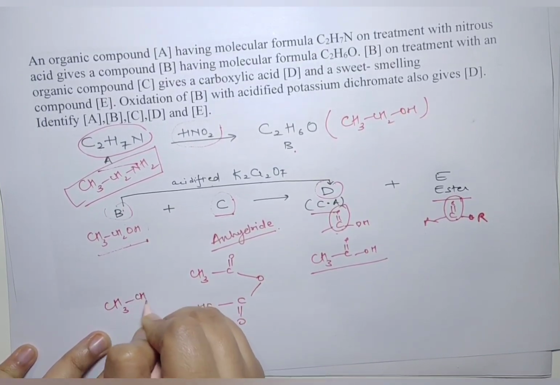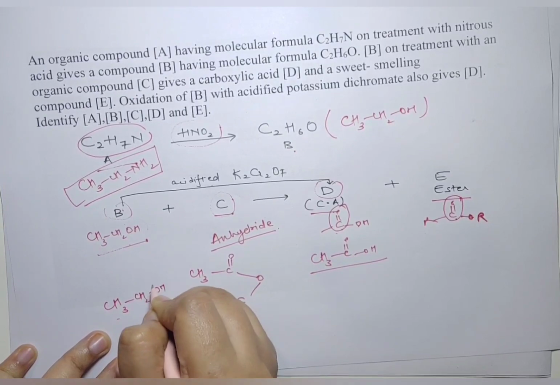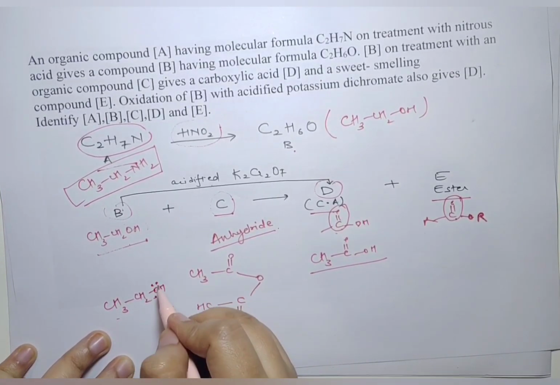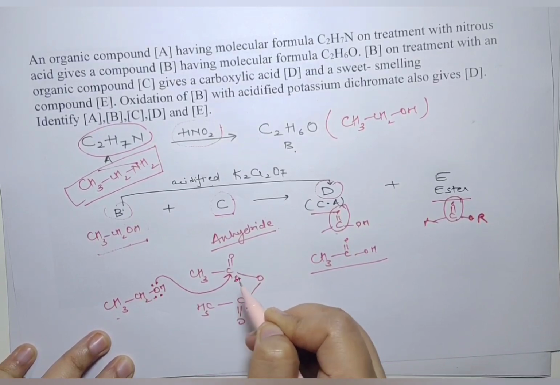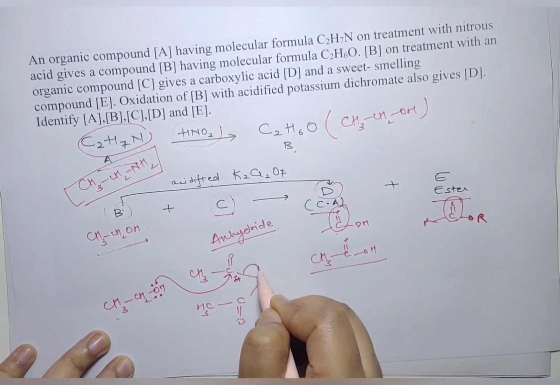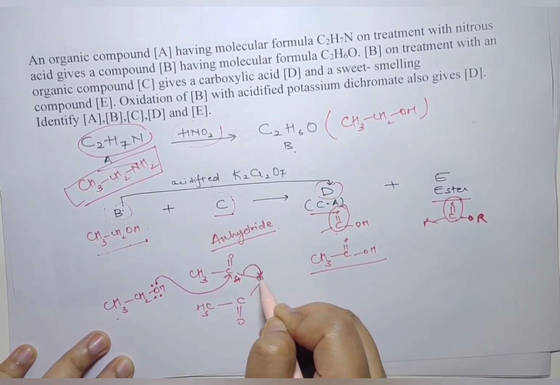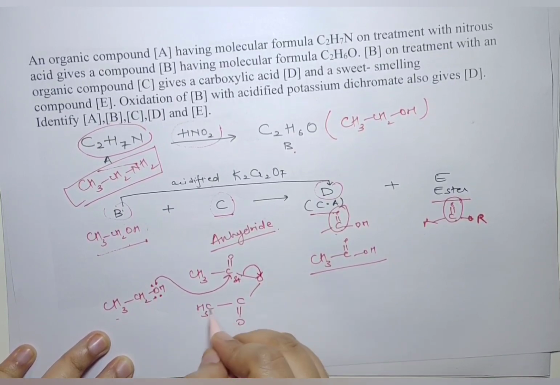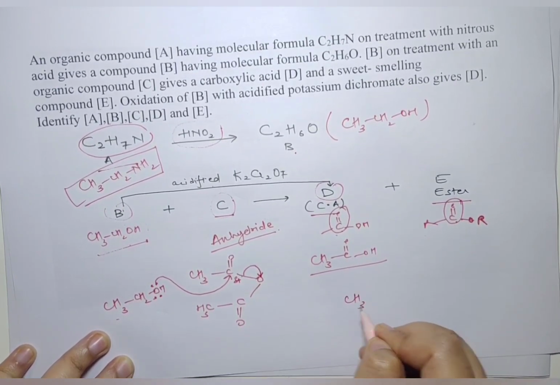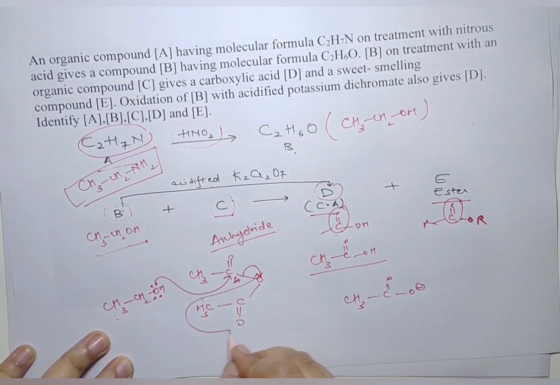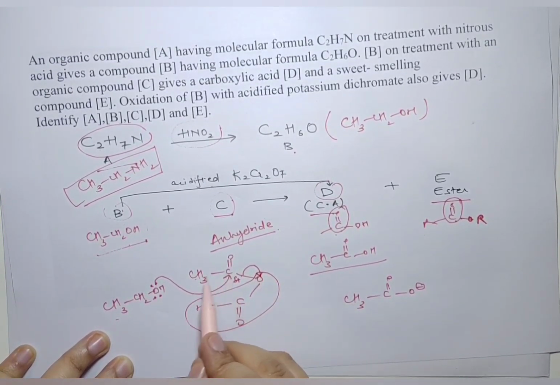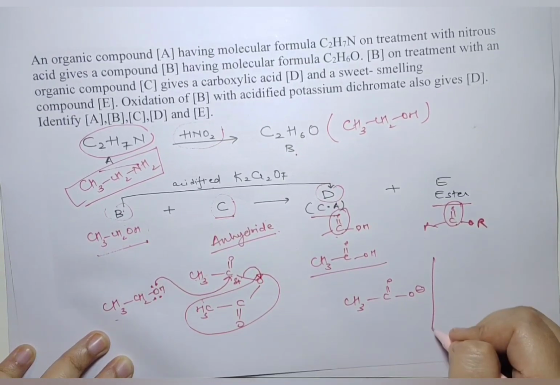So in your ethanol, the lone pair on oxygen would attack this partially positive carbonyl carbon, and these electrons would move here. Okay, so this would give you acetic acid, this acetate ion, and then from here you would get an ester.